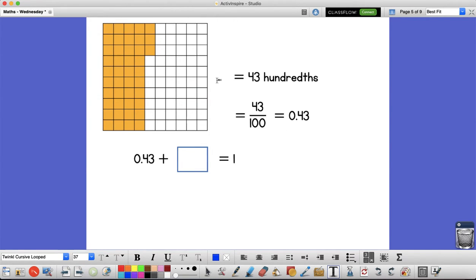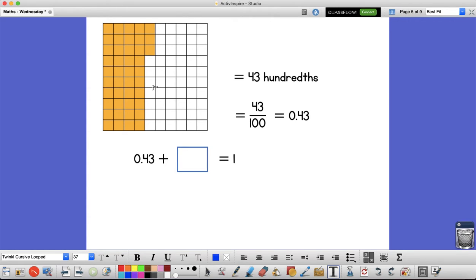This time we've got a 100 square, but we have got 43 hundredths coloured in. 43 hundredths as a decimal is 0.43. We want to know how many are left to make 1. So let's think about our tenths first of all. We've got 5 tenths, which makes 50 hundredths.